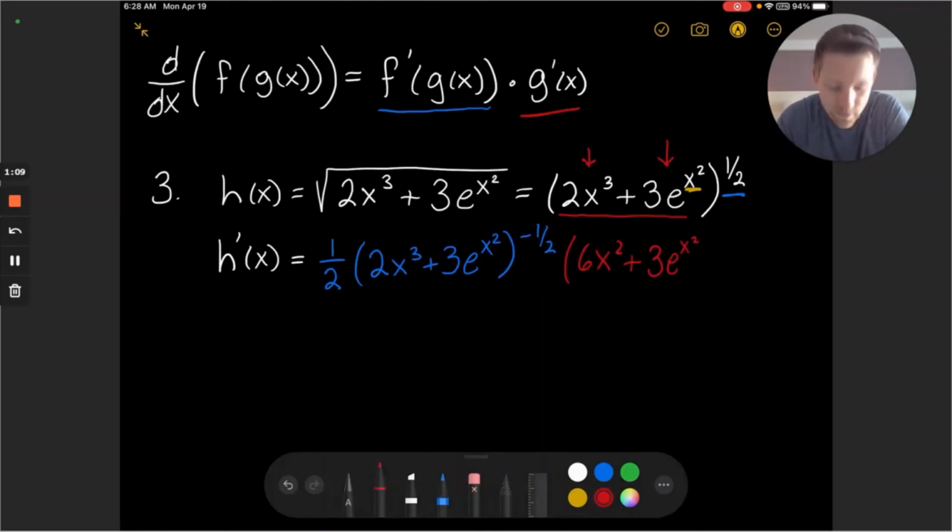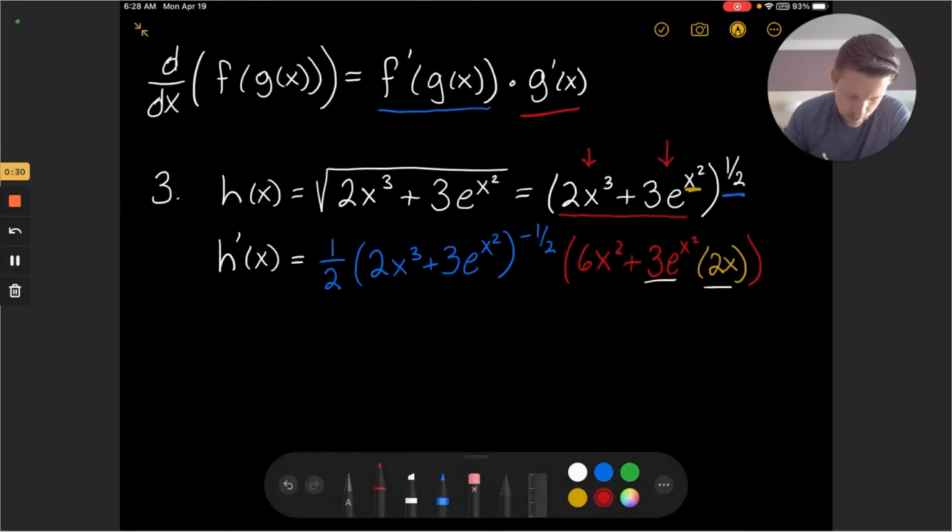Then we take the derivative of the exponent, the derivative of x squared, which is just 2x. So there's my inner and outer derivative portion for that tiny chain rule problem that we had to work out in the inner derivative of the overall h function. We'll finish that parenthesis off, and this will be the final derivative for h prime of x.